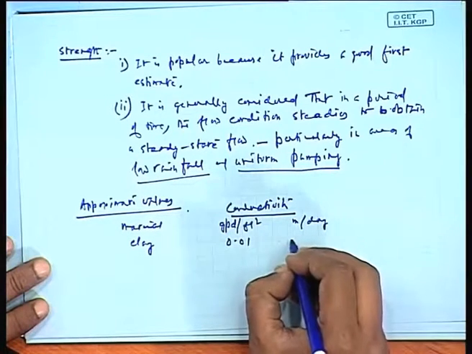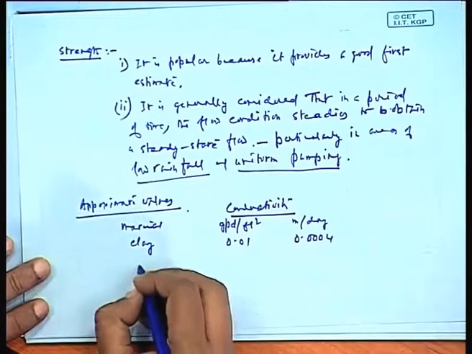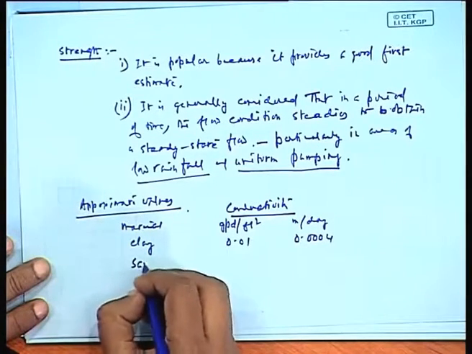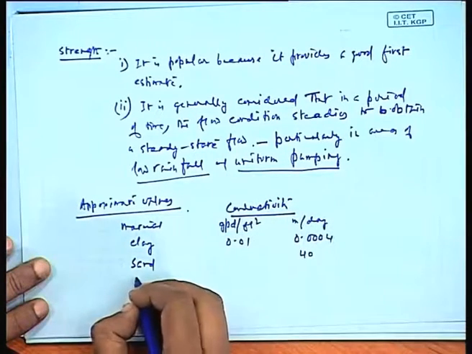I think this one is the more important value, 0.004. Clay is like this.